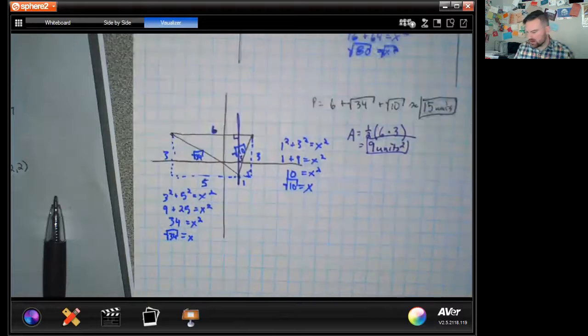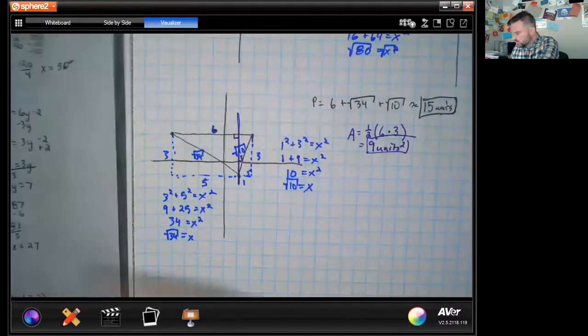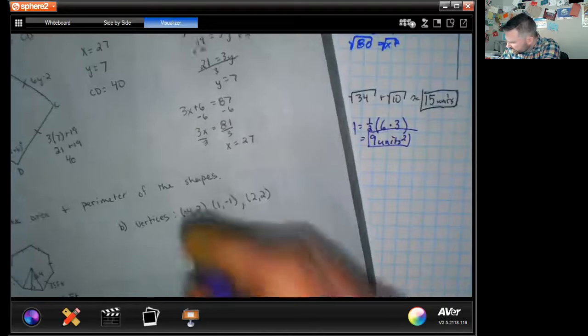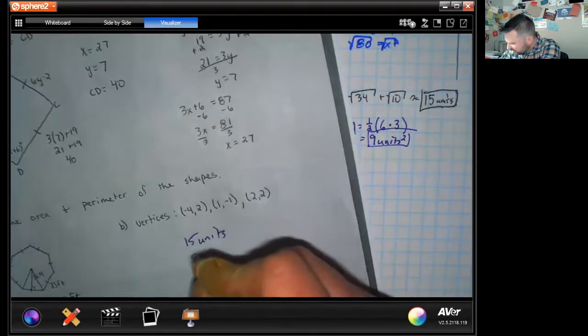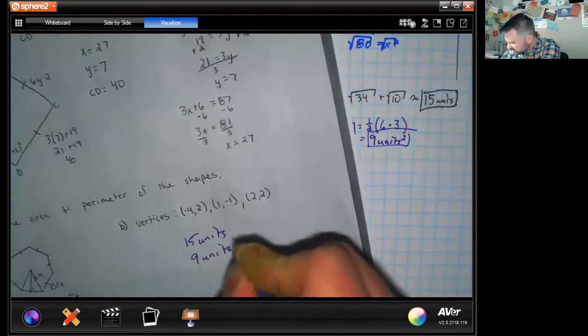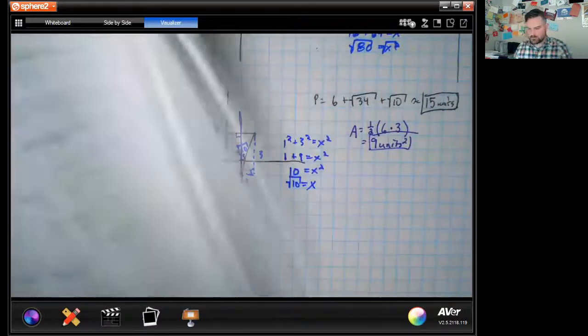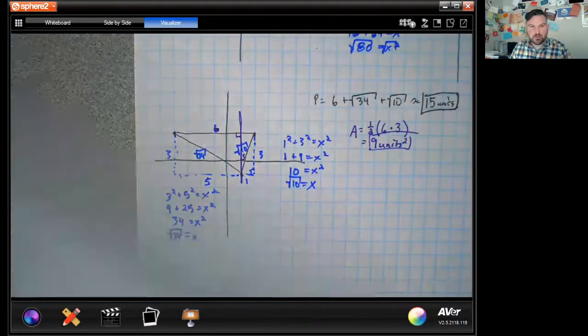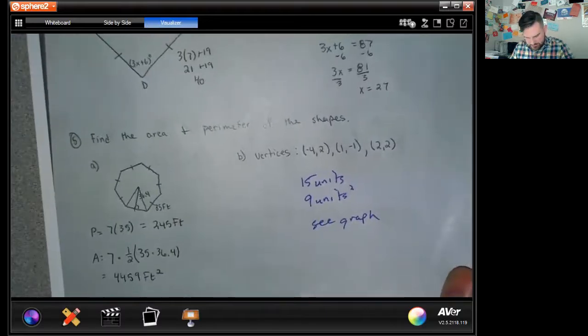Okay, so there's your area and perimeter. We'll go ahead and just mark it on here. We have 15 units and 9 units squared. See graph. Okay. So that was number 5B.